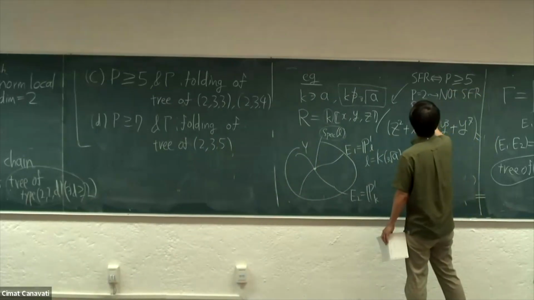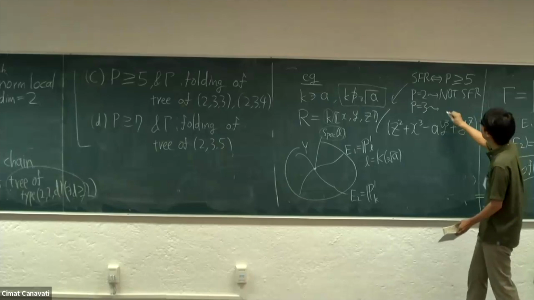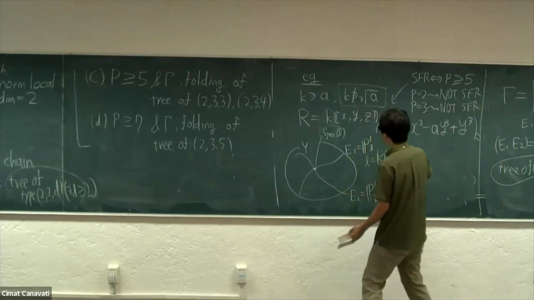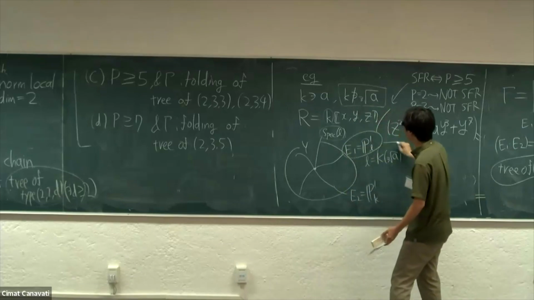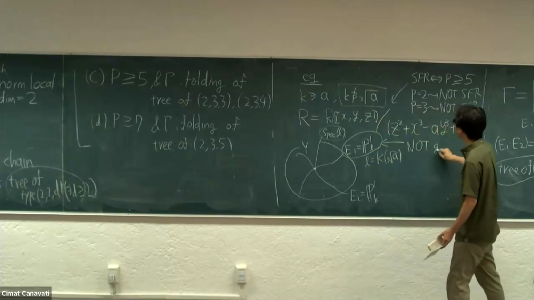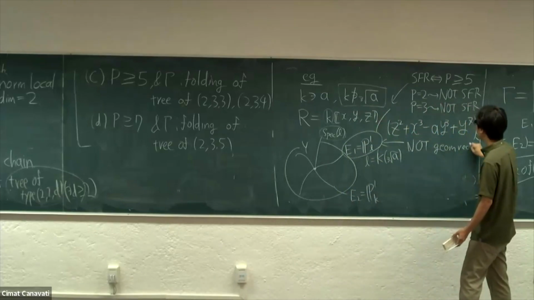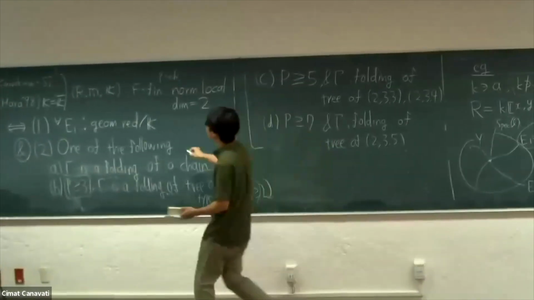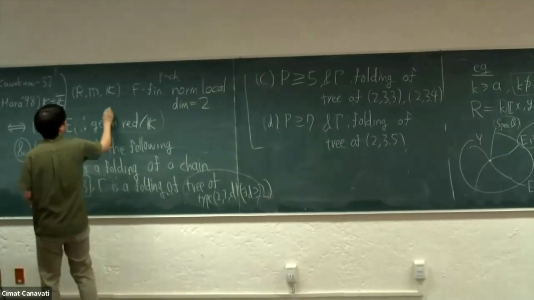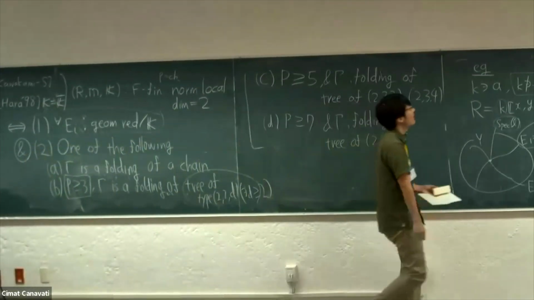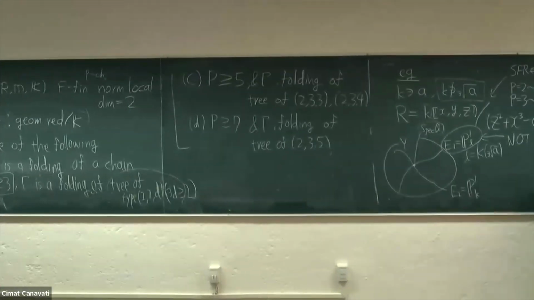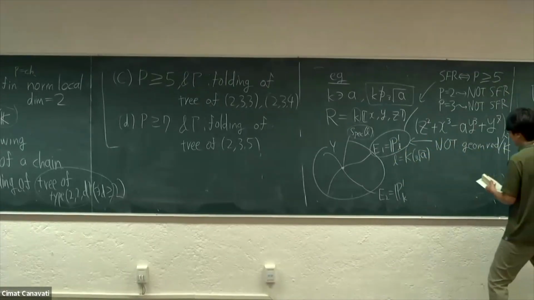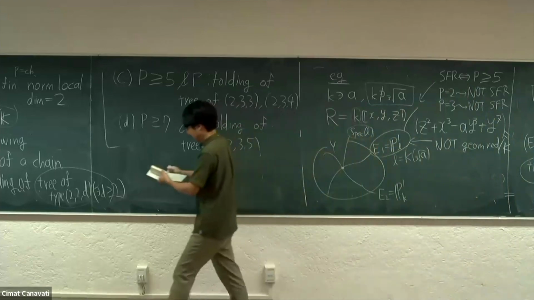Even in the case p is 3, this is also not strongly regular because this is not geometrically reduced over the base, so it does not satisfy the first condition. But in this case, they are geometrically reduced and the graph is also okay, so this is strongly regular.